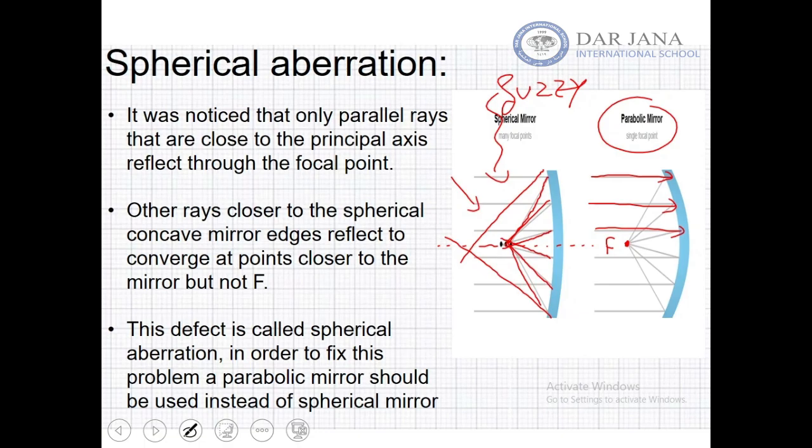On the left side, the spherical mirror, the reflected rays that are close to the principal axis converge at point F, but the reflected rays that are close to the edges are not converging at point F since the type of the mirror is spherical. This defect is called spherical aberration. To solve this problem, we use a parabolic mirror instead of a spherical one. So far, so good. Of course, in this case, the image will be clear.